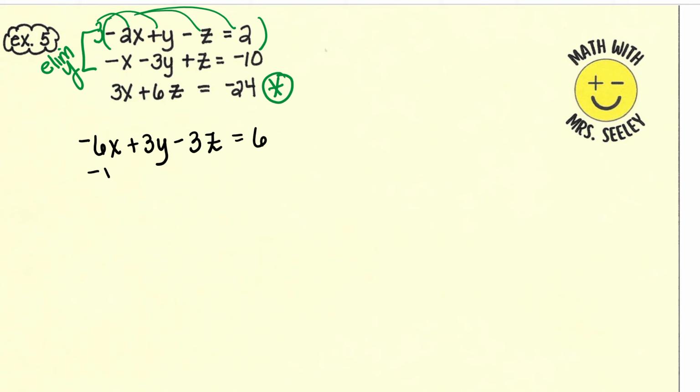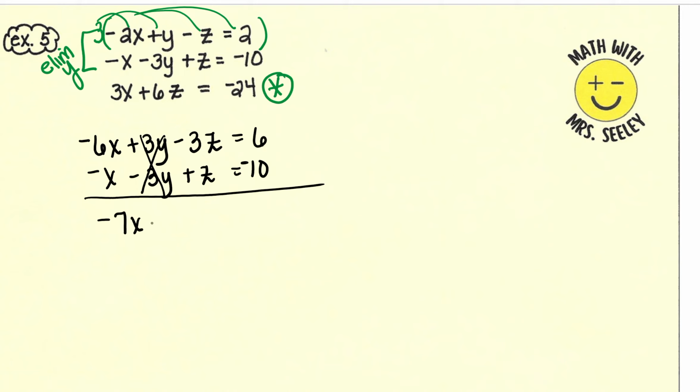The second equation, just bring it over just as it appears. Put those two together. The y's eliminate, and that's going to give me negative 7x minus 2z is equal to negative 4. And there's my second star equation.